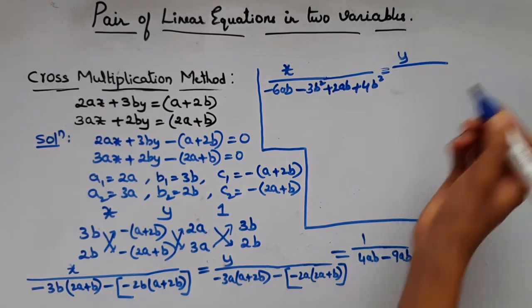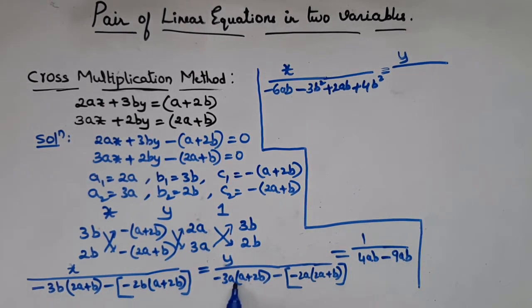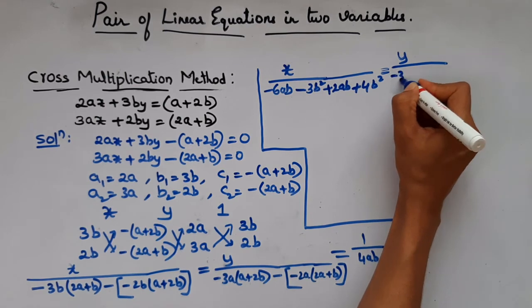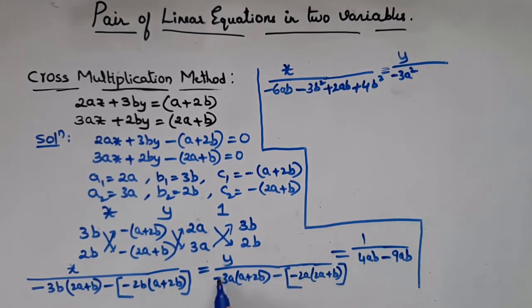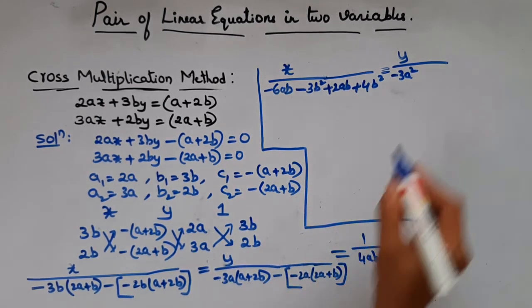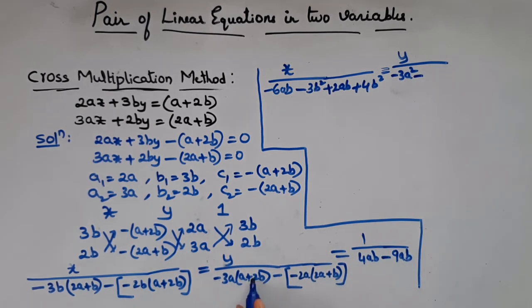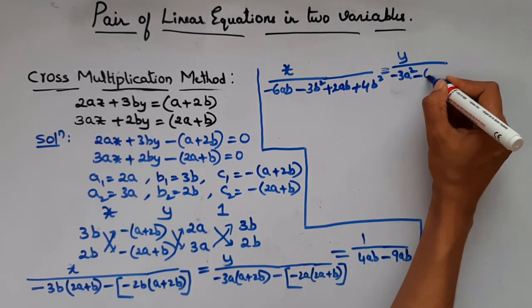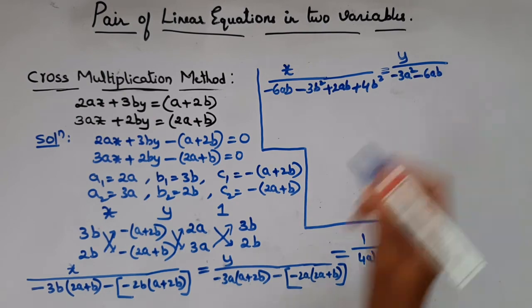Y by minus 3a into a is minus 3a square plus minus into plus is minus, so minus 3 2s are 6ab, right, so 6ab.